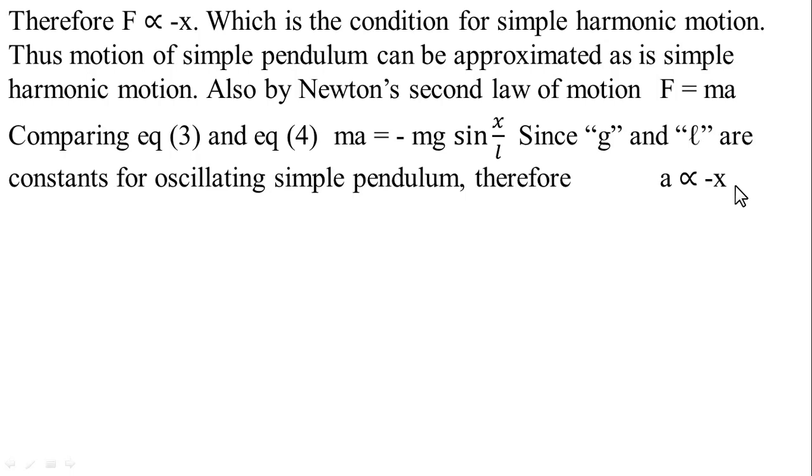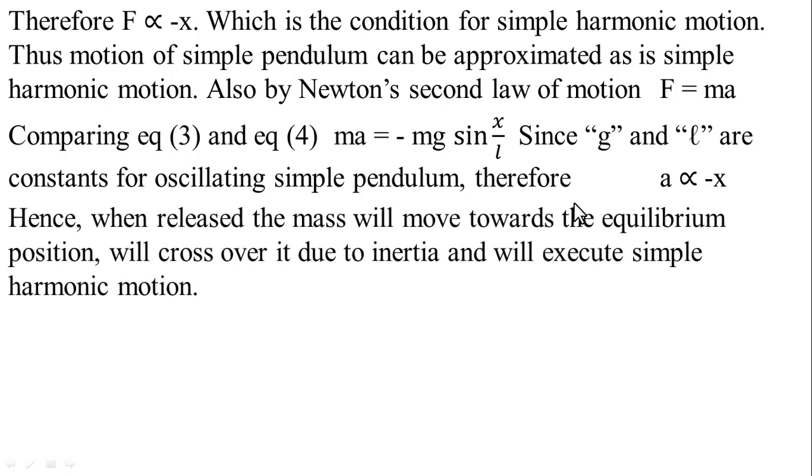So acceleration is directly proportional to displacement, and the negative sign shows that it is always directed toward the mean position. When we release the mass, it moves toward the equilibrium position, crosses over due to inertia, and executes simple harmonic motion.